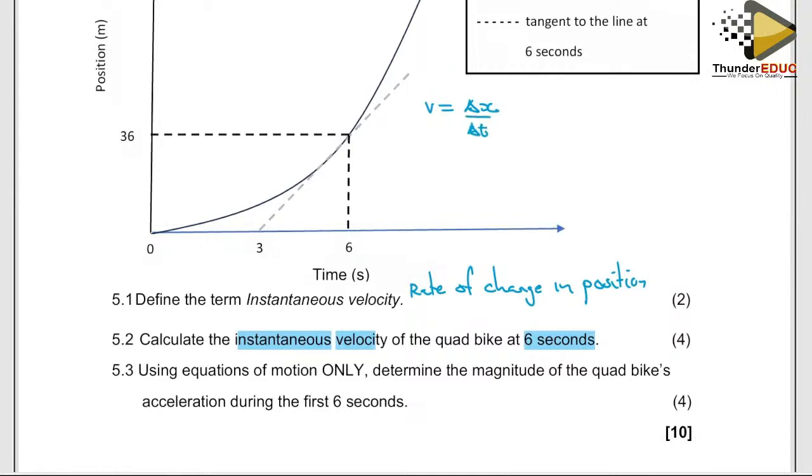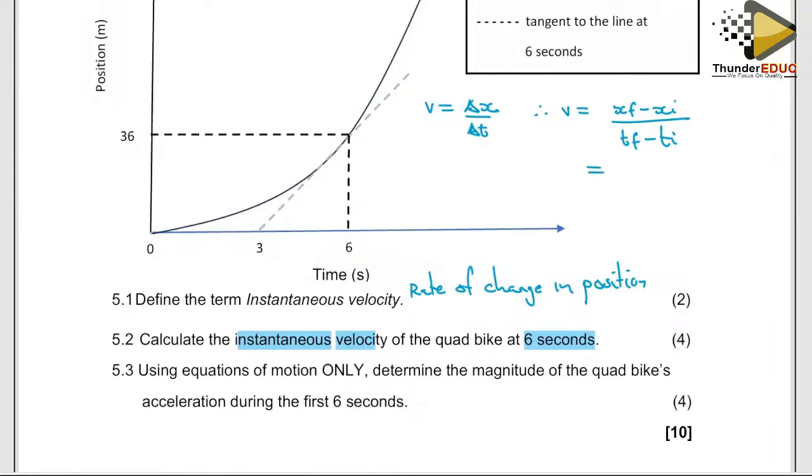If I break this further, it's the same as v equals x final minus x initial, all over t final minus t initial, right?